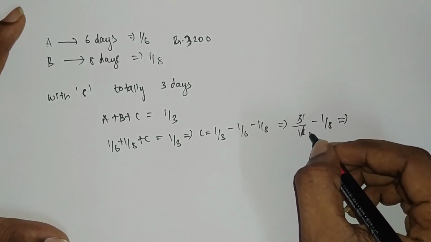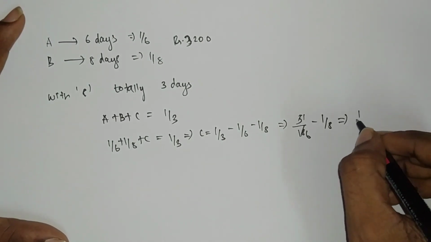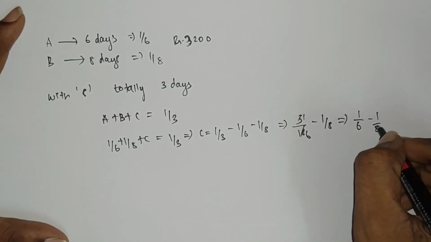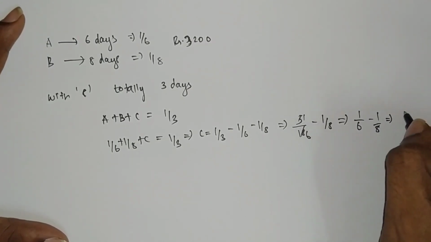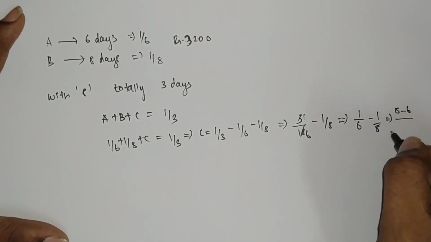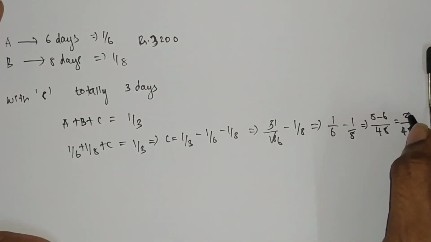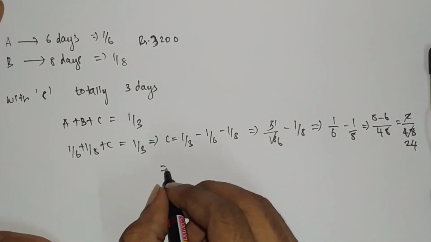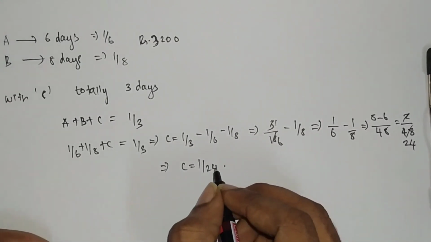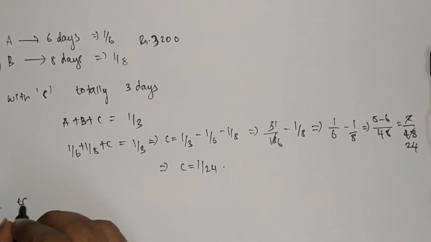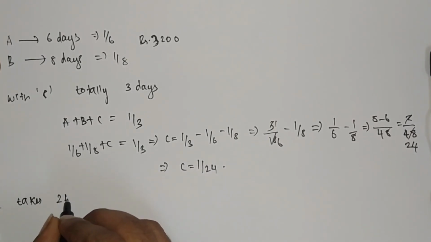Cancelling 3 and 18, we will get 1 by 6 minus 1 by 8, which is equal to 8 minus 6 by 8 into 6, 48, which is 2 by 48. Cancelling, we will get 1 by 24. Therefore C equal to 1 by 24, which means C takes 24 days to complete the work.